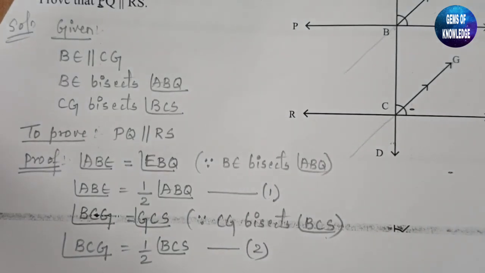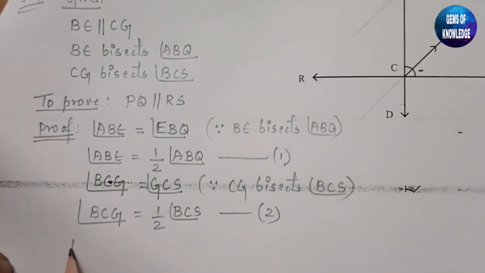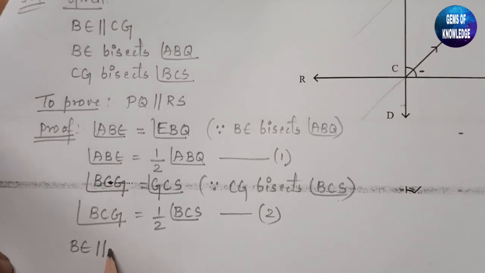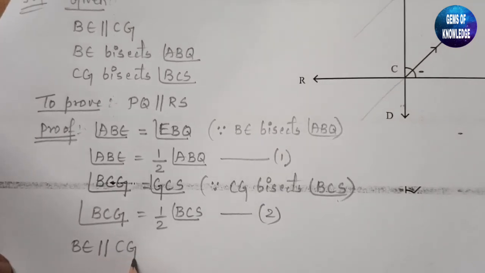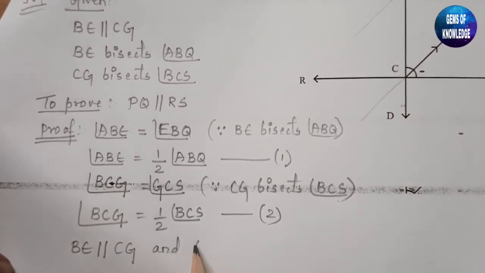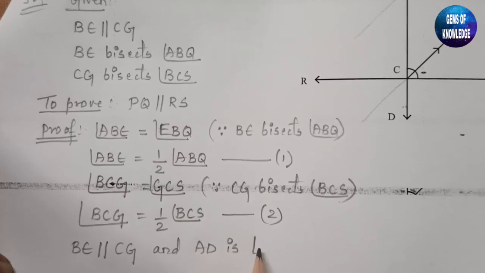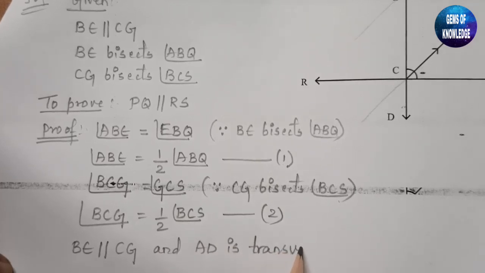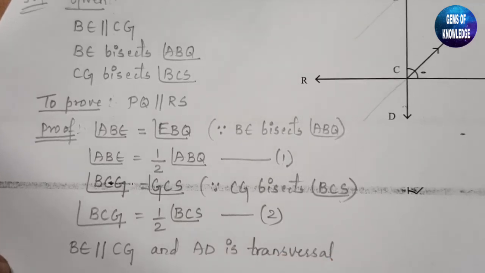So I can write it as, they have already told us that BE is parallel to CG and AD is a transversal.